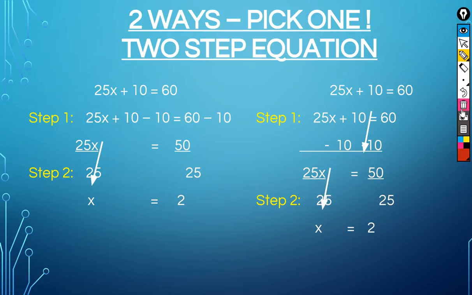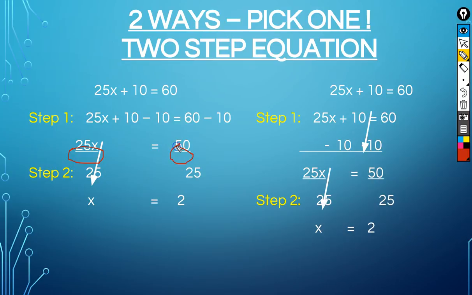So that's what they did here. They did 25x divided by 25. So it's hard to see it in this PowerPoint, but what you see right here is a fraction bar. Well, fractions are just the same thing as division. It's a numerator divided by the denominator.